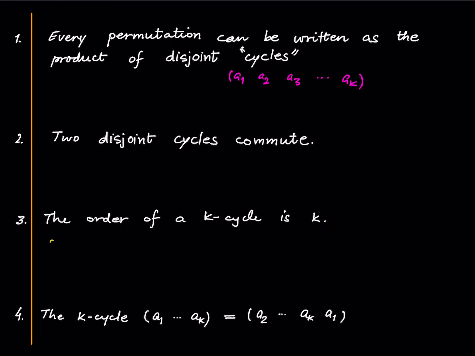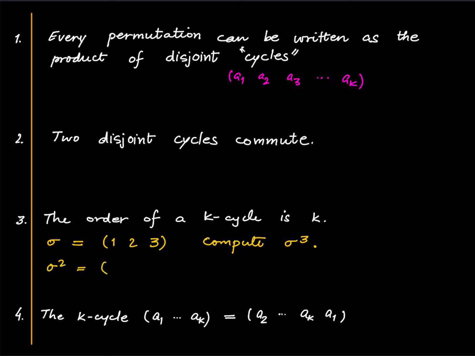As an example, I highly recommend you compute. Suppose sigma is the cycle 1, 2, 3 lying in some Sn, doesn't matter, n greater than or equal to 3. Compute sigma cube explicitly. We know it is going to be the identity permutation, but compute this. Let me compute sigma square.